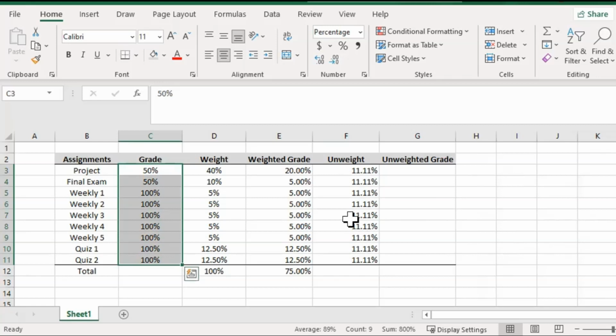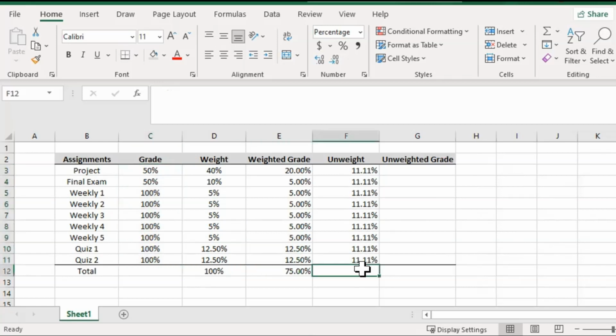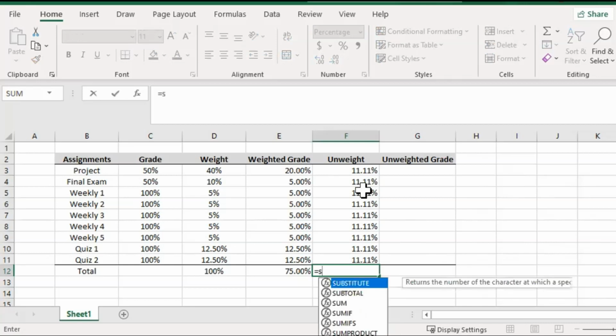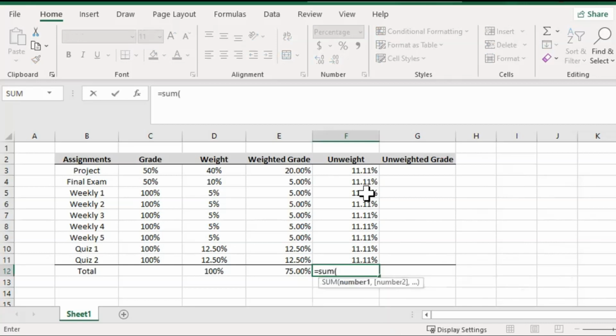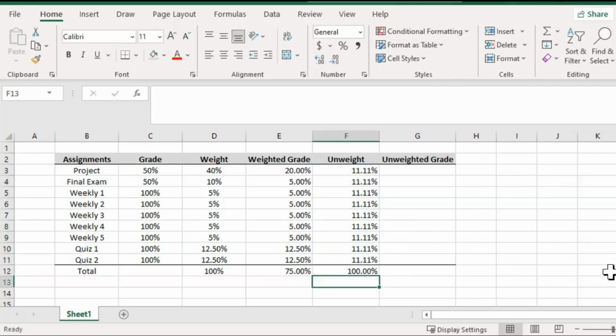And that's what this unweight gives us. And so, very similar to the weights that we used for our weighted grade, the sum of our unweights should equal 100%. So I'm going to do equals sum to validate this. And the sum of my unweights should equal 100%.